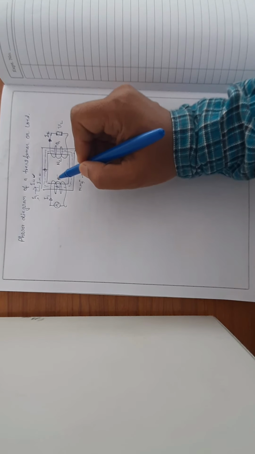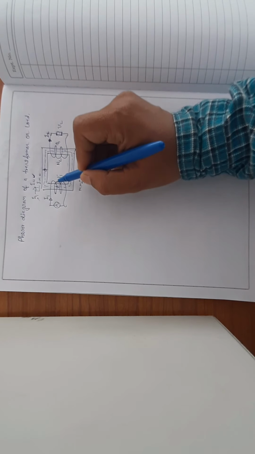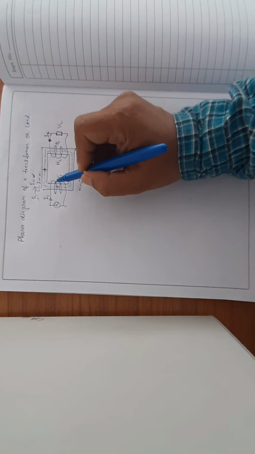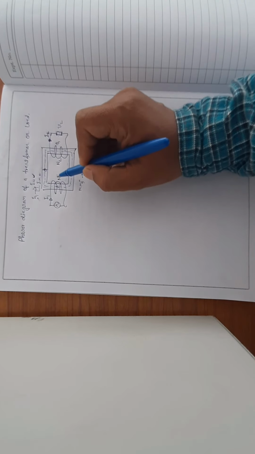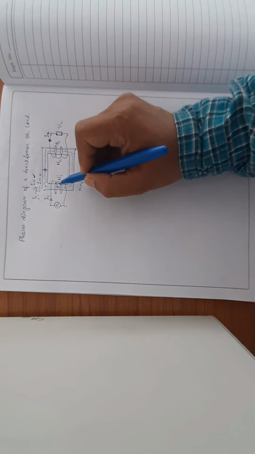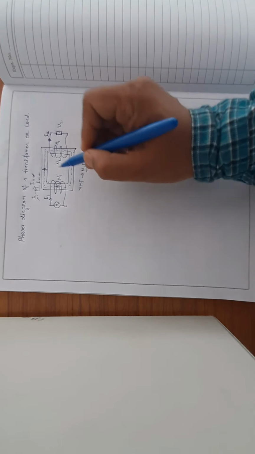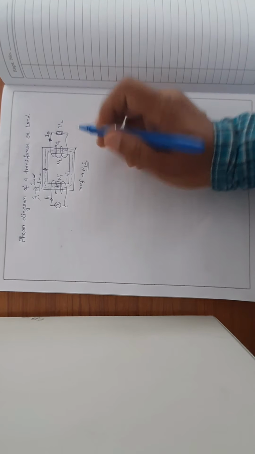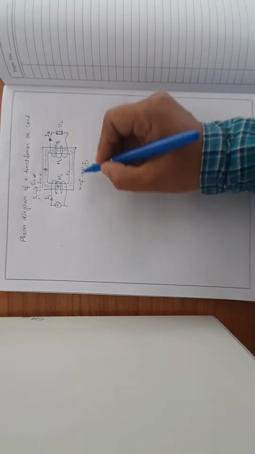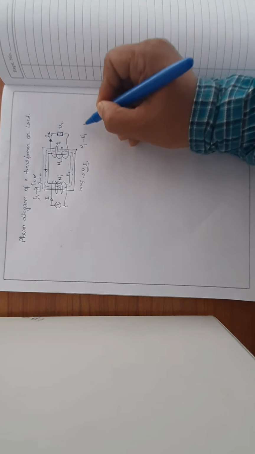According to Lenz's law, the opposition of secondary flux weakens the main flux momentarily. So primary back EMF reduces, and the difference V1 minus E1 increases.